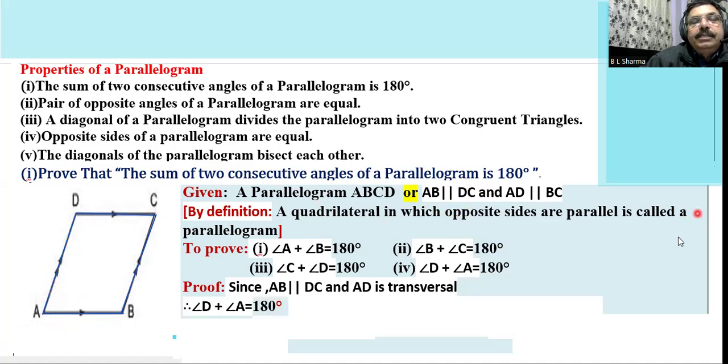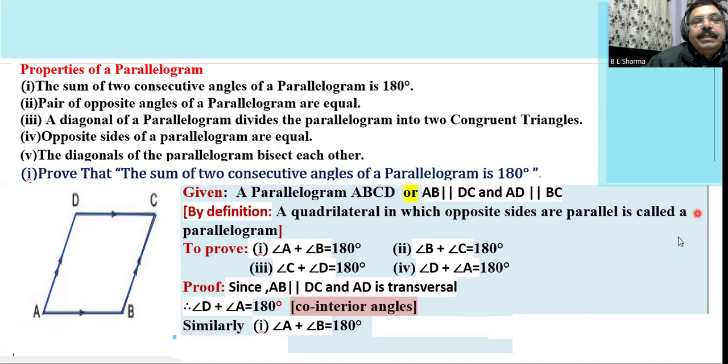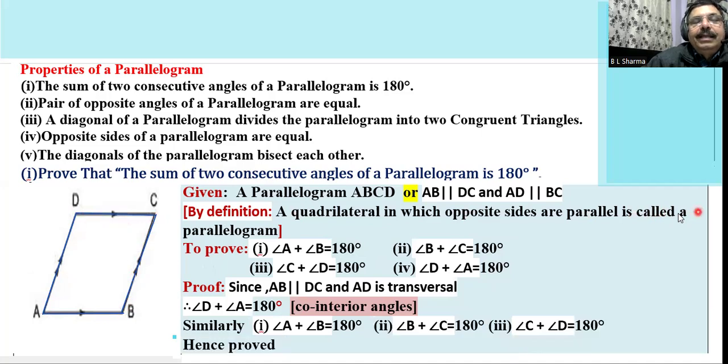The reason is these are co-interior angles. Similarly, we can prove that angle D plus angle A is 180 degree, A plus B also 180 degree, B plus C is also 180 degree, and C plus D is also 180 degree. And hence proved. यही हमें प्रूव करना था.